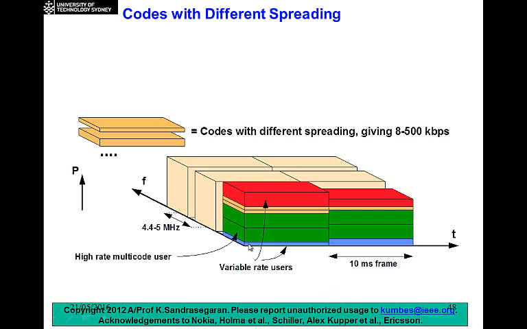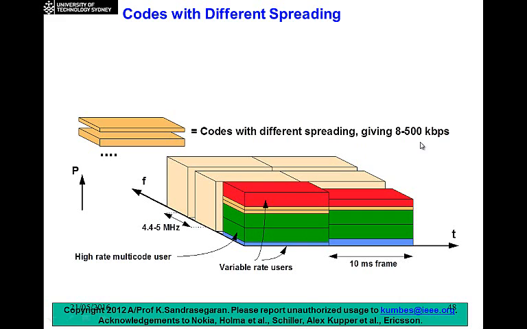So you can see that you have a blue user who is transmitting with a very small power. And you have a green user that is transmitting two slices, because maybe the green user is having two parallel communications, maybe a video conversation as well as an FTP session.